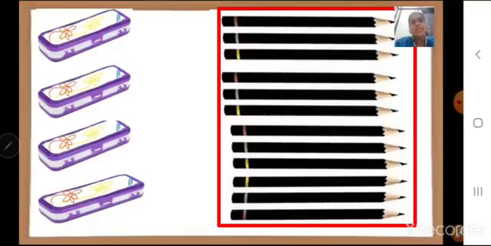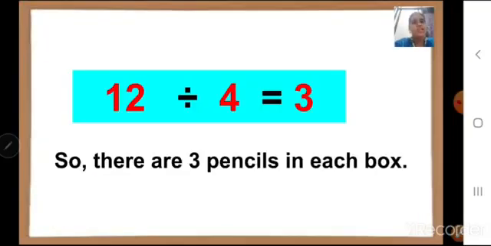Again we are going to distribute the pencils among the pencil boxes, correct? Or we are going to divide, right? How will we divide? 12 divided by 4, because they have given that there are 4 boxes. Okay, if we divide 12 by 4, we will get the answer 3. So there are 3 pencils in each box.